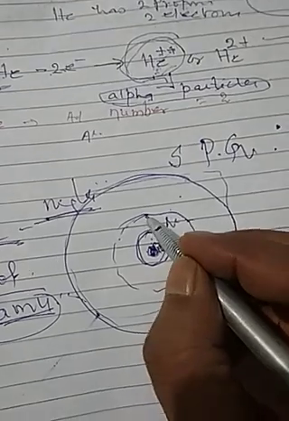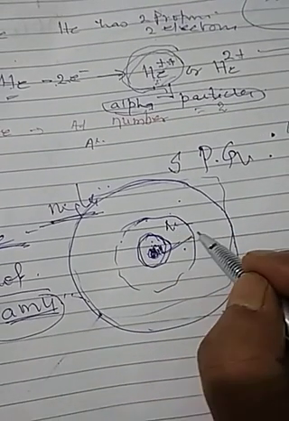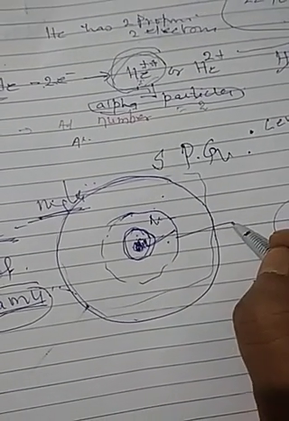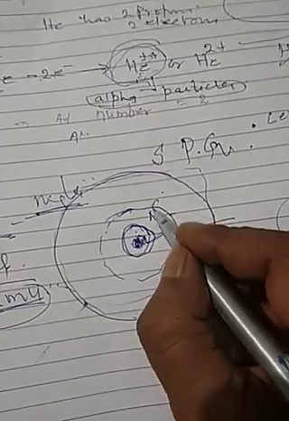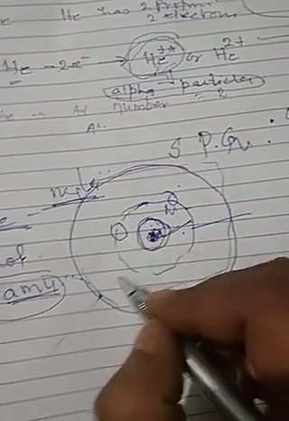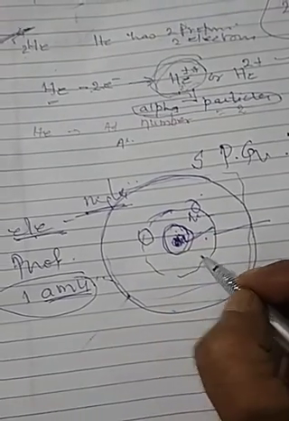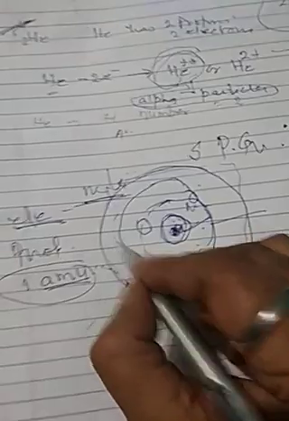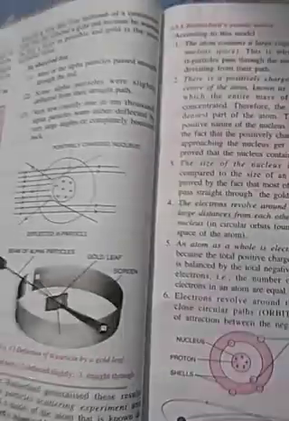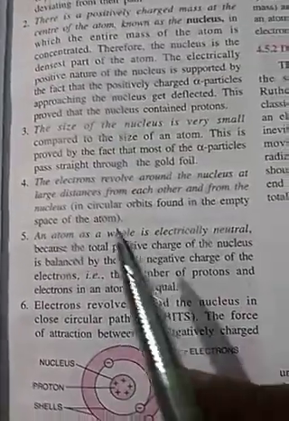My dear friends, this is an imaginary line in which the electrons rotate. This is called an orbit or shell. The electron revolves around the nucleus.